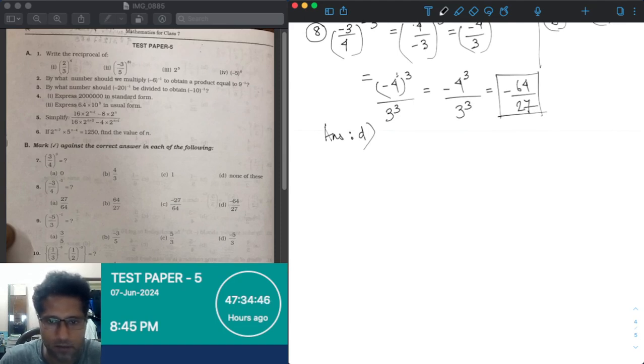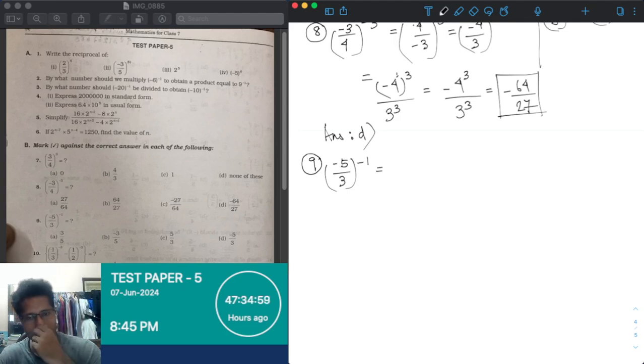9. Question number 9 is minus 5 by 3 raised to the power minus 1. This is simple. The power is minus 1, which means reciprocal. So the reciprocal of minus 5 by 3 is 3 by minus 5, and we know that this rational number is not in standard form because we have a negative denominator.